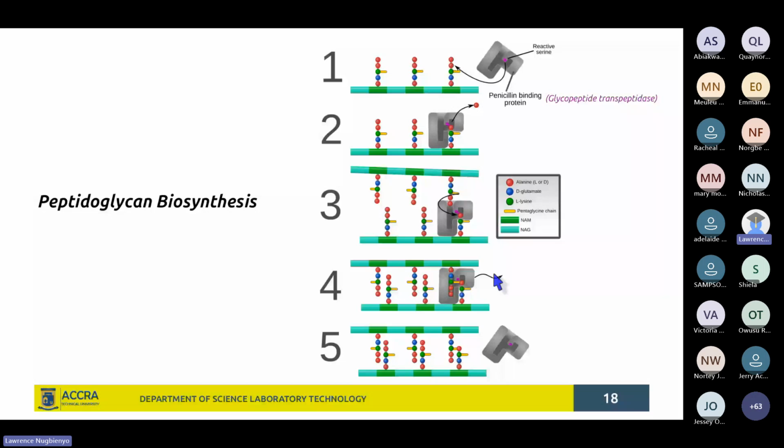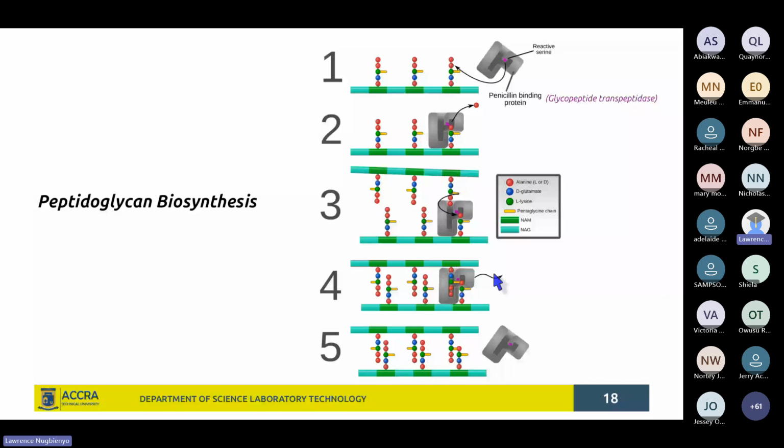peptidoglycan biosynthesis, because it is in that synthesis that you have an enzyme involved in the synthesis of the peptidoglycan that the penicillin targets. So penicillin goes to inhibit that enzyme to prevent the synthesis of the peptidoglycan.